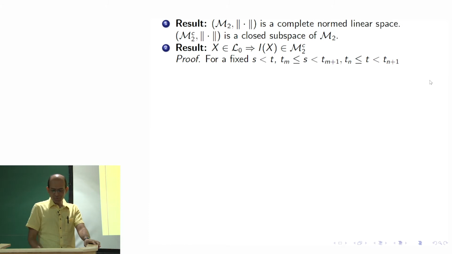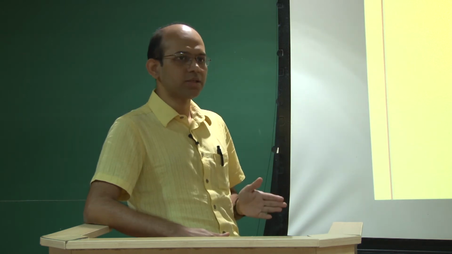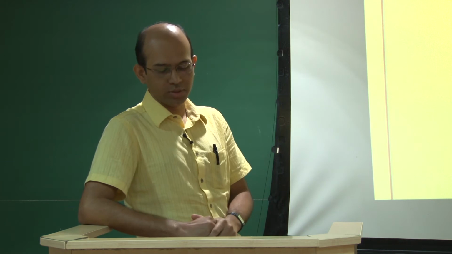For the proof, we first consider s, a time which is less than t. Why do we need two different times? Because to prove Martingale, we need to show that the conditional expectation of the process at present t, given the filtration value at the past time s, is actually the value of the process at time s.